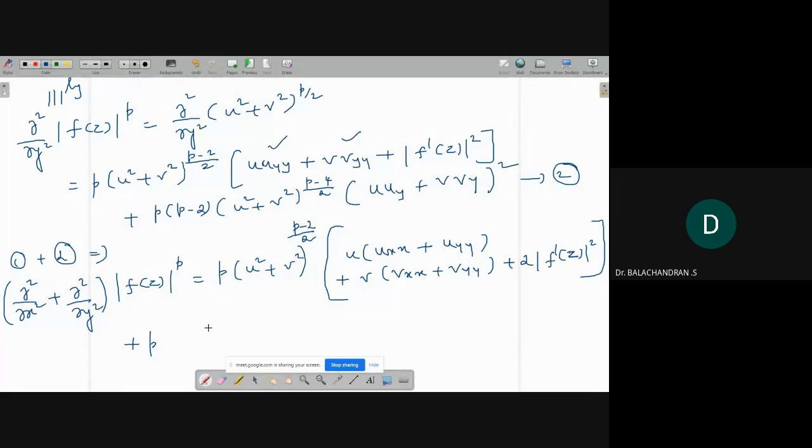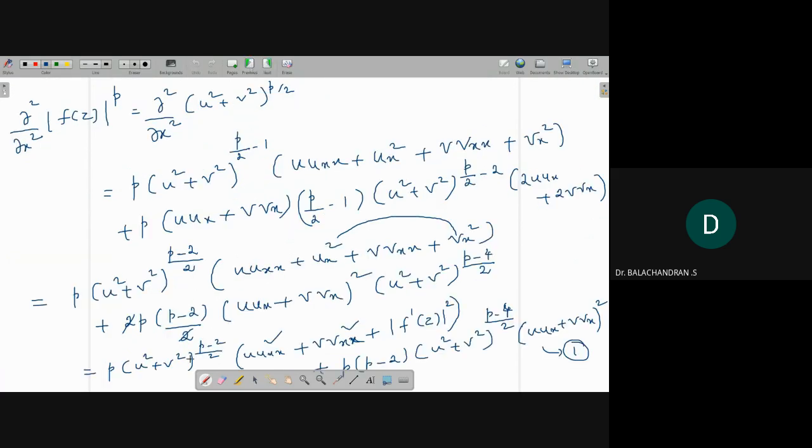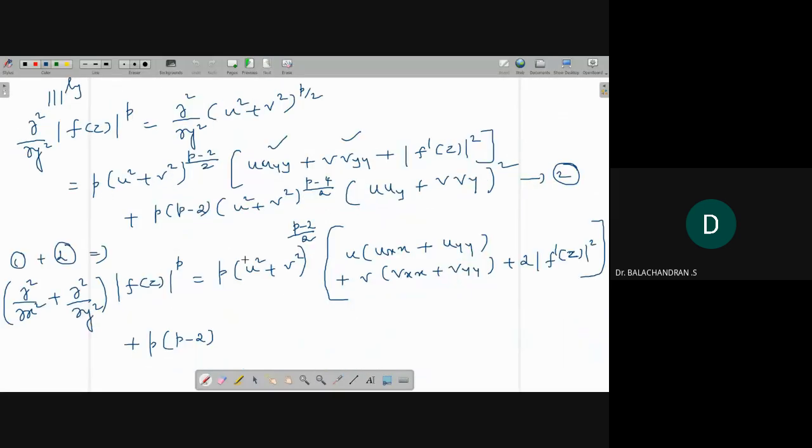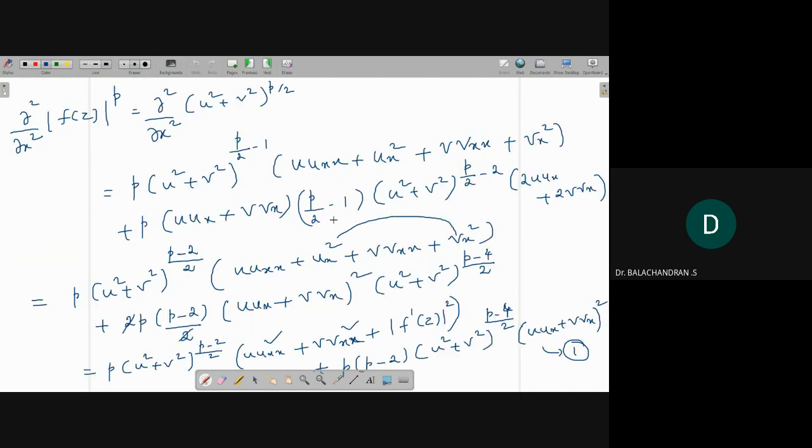Okay. Now plus p into p minus 2 into u square plus v square whole power p minus 4 by 2. Okay. So now expand this a square plus b square plus 2ab.